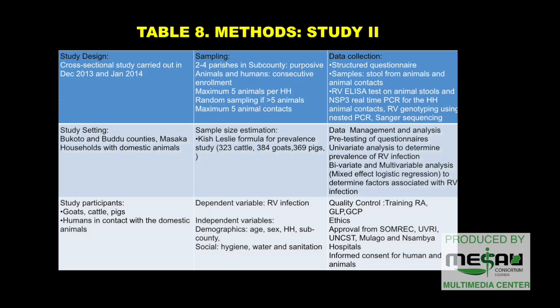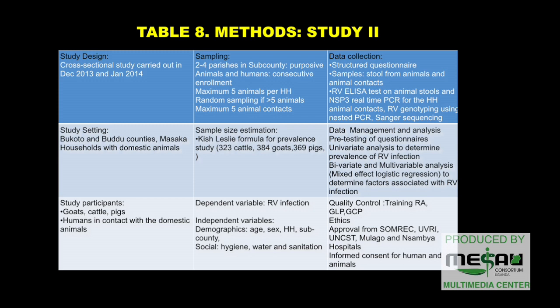To determine the sample size of what we're going to study, we used the Kish-Leslie formula for prevalence studies. Our outcome variable was rotavirus infection, and we had demographic and socio-demographic variables which we studied. We used a structured questionnaire, and we took samples from the animals and animal contacts.